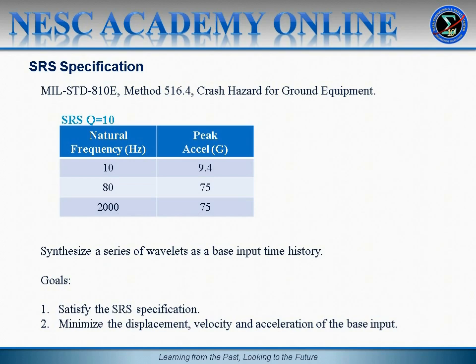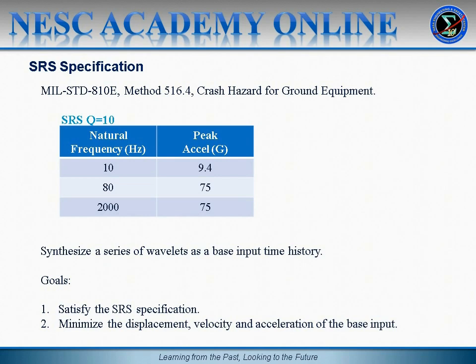Here is a typical shock response spectrum which can usually be performed on a shaker table. This comes from Mil Standard 810E, method 516.4, crash hazard for ground equipment. And the same specification should also be in the more recent revisions of Mil Standard 810. This is a shock response spectrum. The amplification factor Q is equal to 10.